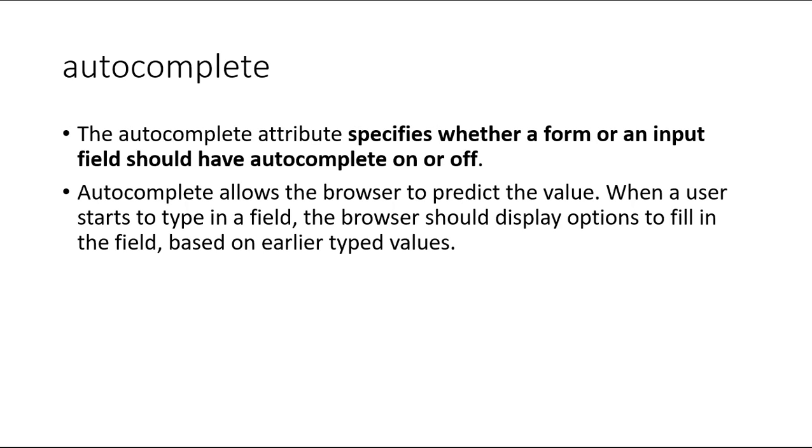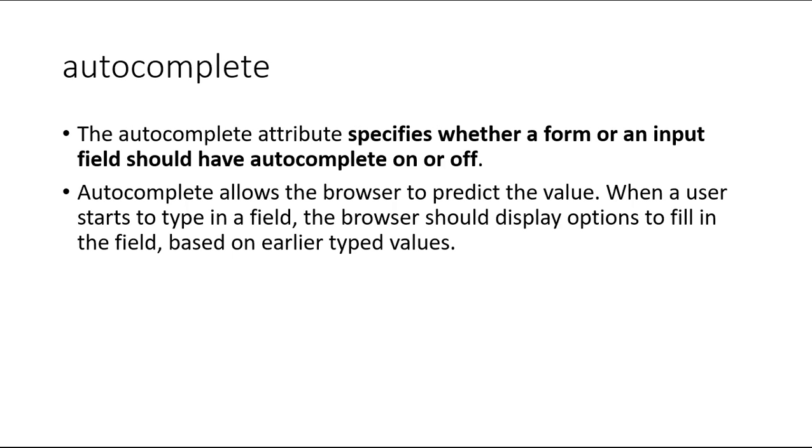If we use autocomplete in the form tag, then the values of all input elements in the complete form will be predicted by the browser. But if we specifically use autocomplete for a particular input control element, then the browser will predict the value for that particular input control element only.